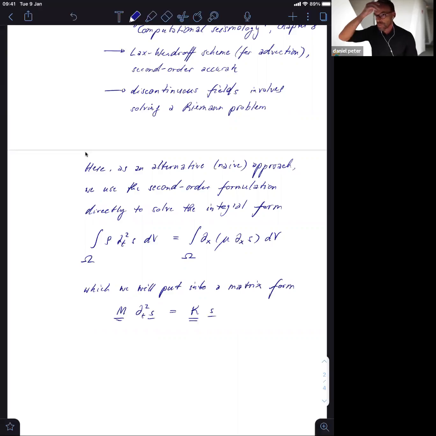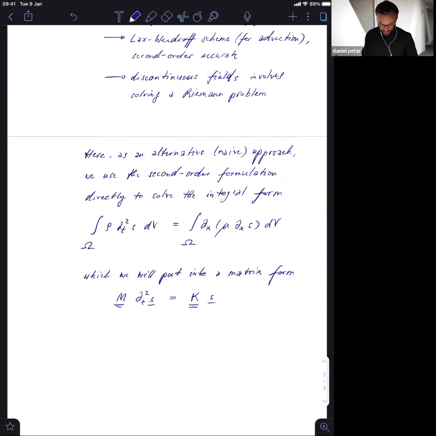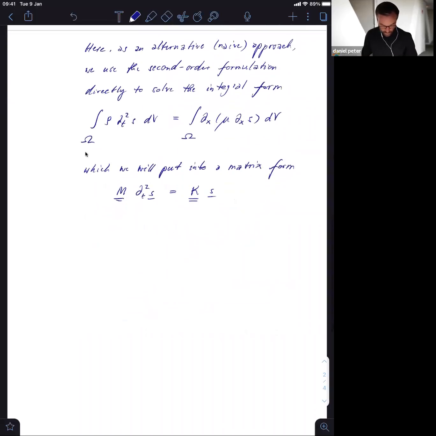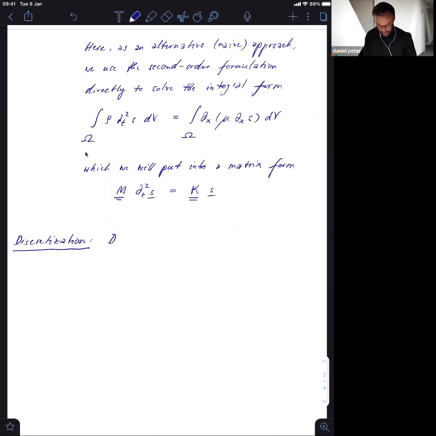So let's find out how we can construct these mass matrices and stiffness matrices. Good. So that deals with the discretization of the problem, of the equation above. So the first thing we have to do is take the domain omega, the physical domain, and discretize it into a number of elements or grid cells.